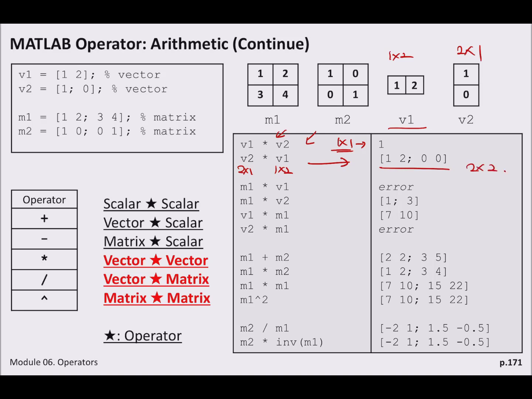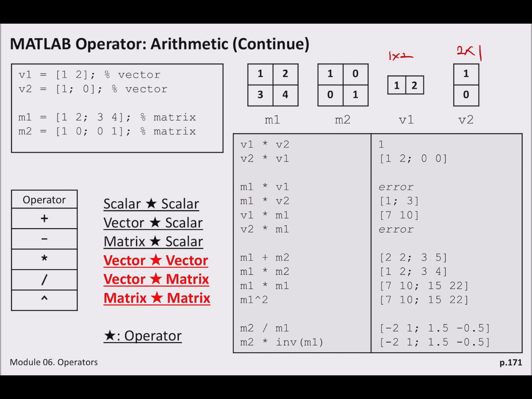How about M1 and V1? M1 is 2 by 2, V1 is 1 by 2. These inner dimensions are not matched, so there's an error. Does it make sense? Okay, good.